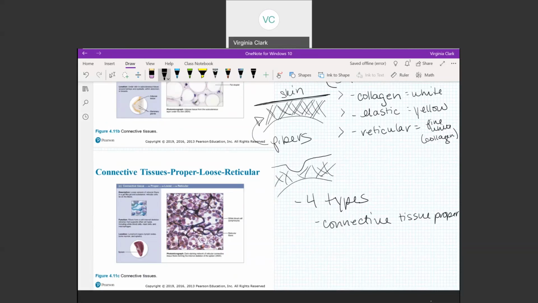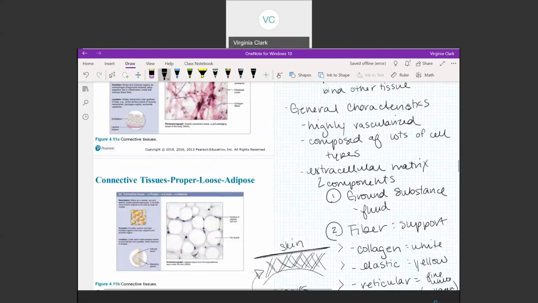There's going to be areolar, adipose, reticular, and one called dense, which is going to have a lot of fibers. So we're going to have our connective tissue proper. We're going to have areolar, adipose, reticular, and dense.